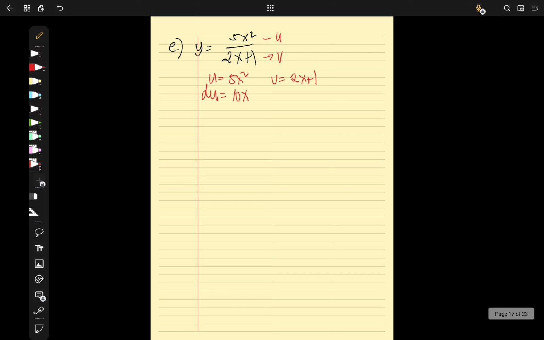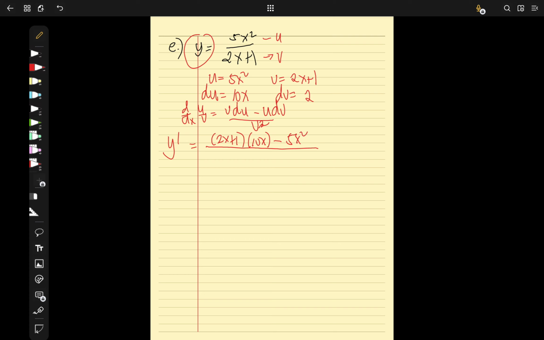Let's follow that formula. v du minus u dv all over v squared. Of course, it helps if you have really memorized the formula.